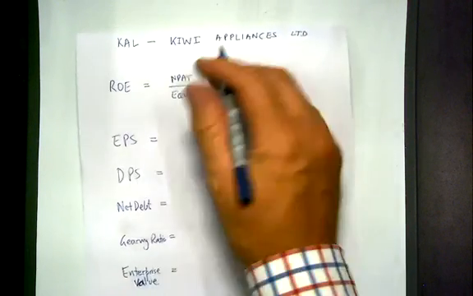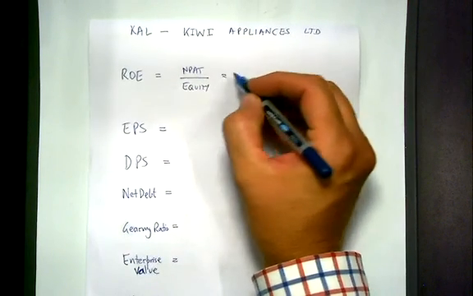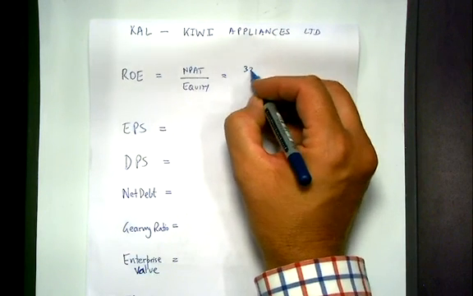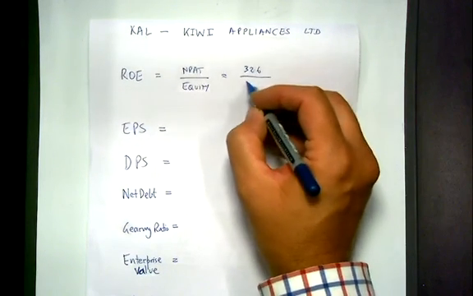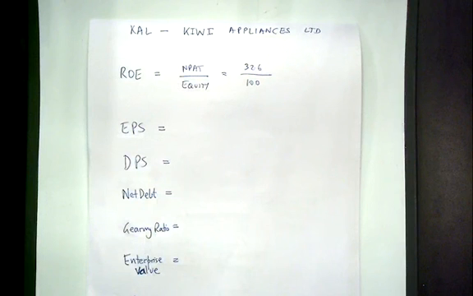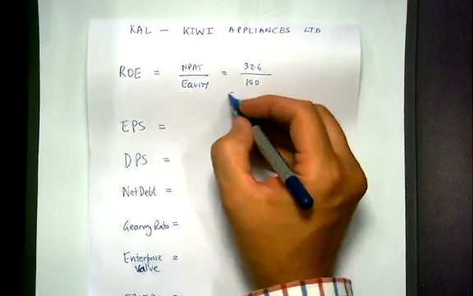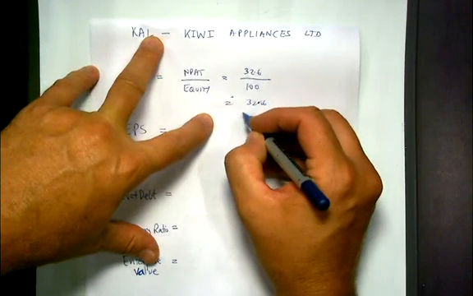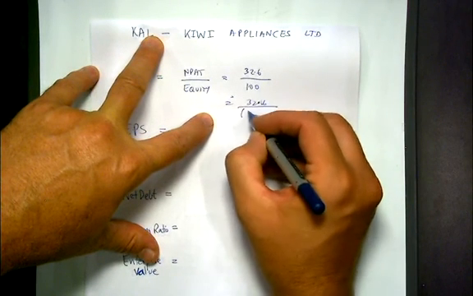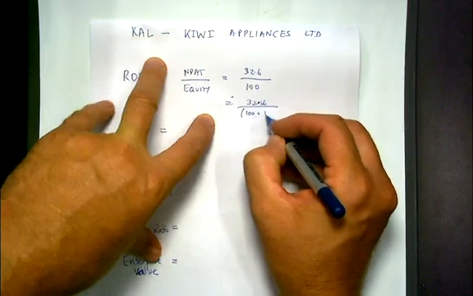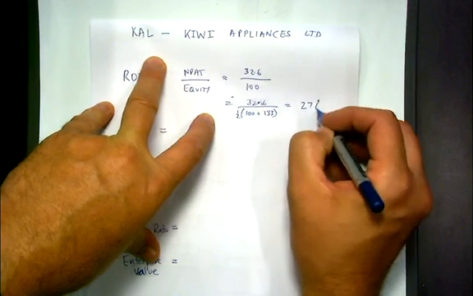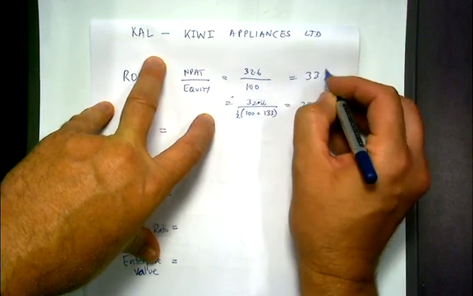In the answers that I've published, I took the numerator as the same, 32.6, and I just divided by starting equity. But your answer is quite appropriate also. So you had 32.6 divided by the average of 100 and 133. So that gave 27%, whereas I had 33%.